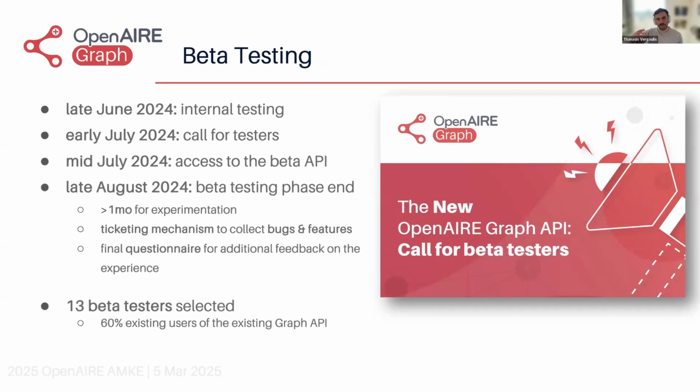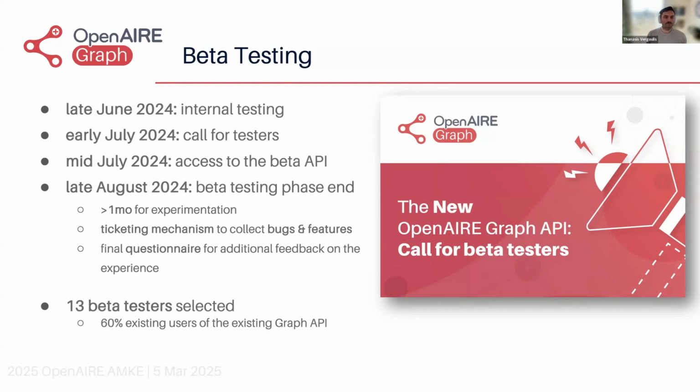To design this API, we followed a relatively open approach. We designed a beta testing process. In late June 2024, we had some internal testing using some volunteers from OpenAIRE to use the API and provide initial feedback.